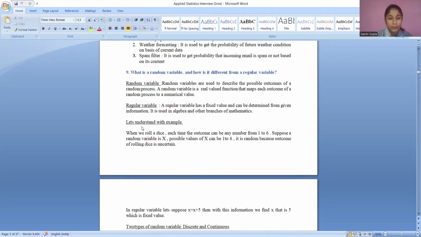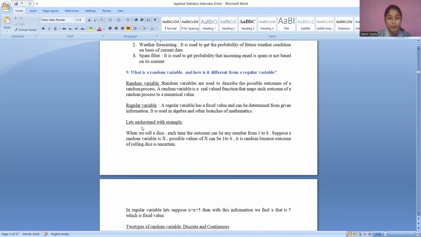This is the third question. What is a random variable and how does it differ from a regular variable? A random variable is something whose value changes by chance. We do not know what it will be until the experiment happens. Random variables are used to describe the possible outcomes of a random process.